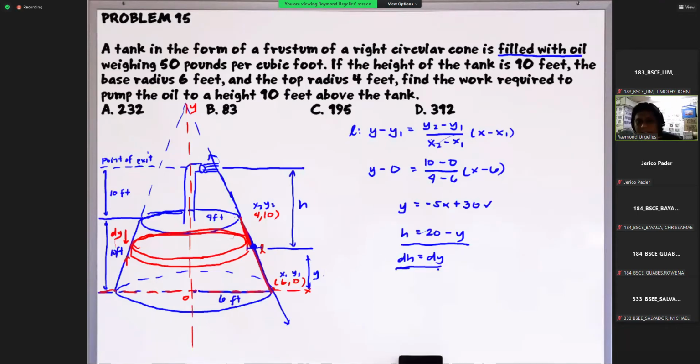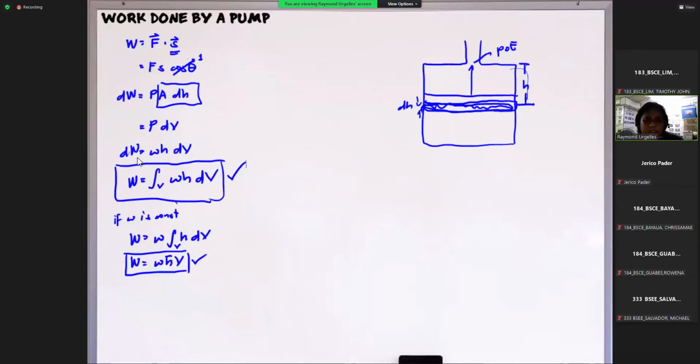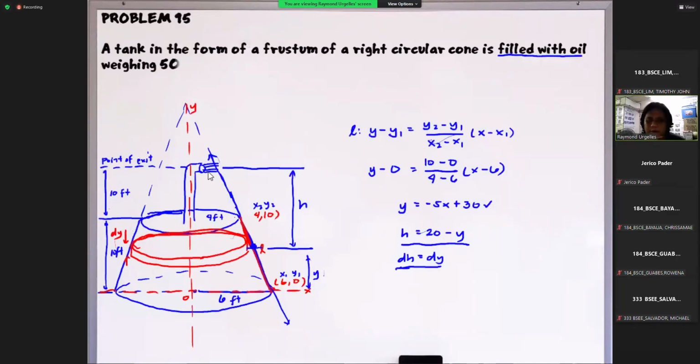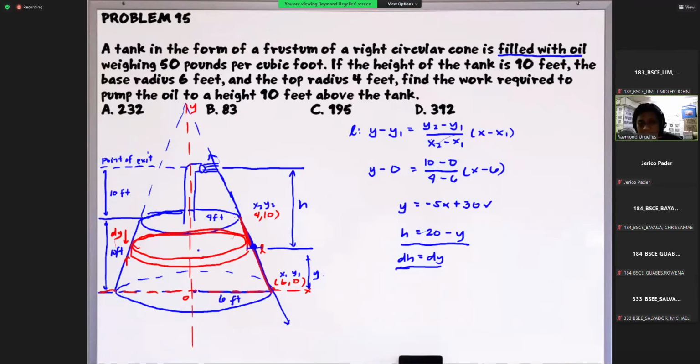So what else do we need to get the work done? Our equation is omega h dV, so next we solve for dV, the differential volume. Remember that this is just a disk, so the differential volume is simply the area of the base multiplied by dH. The area of the base is just pi r squared, where r is the radius.